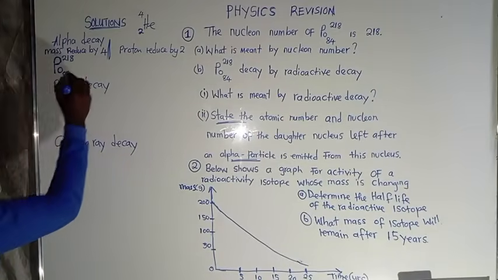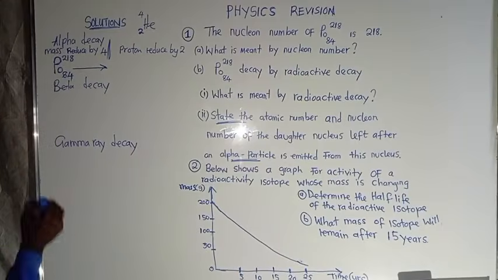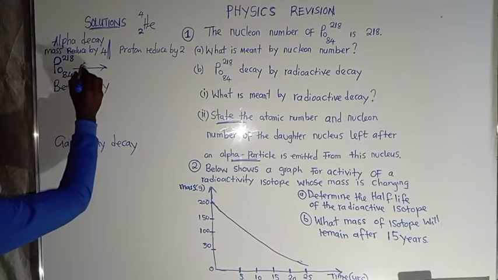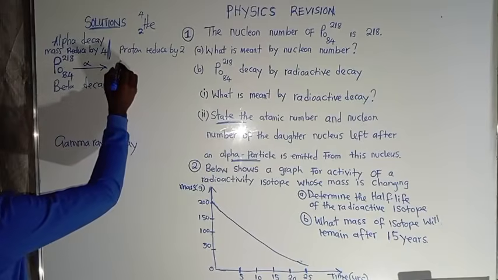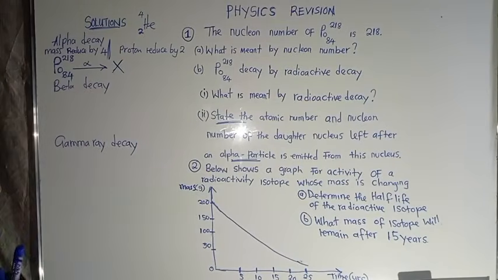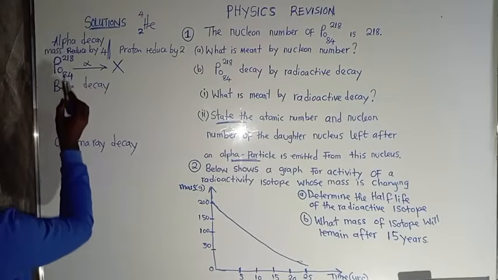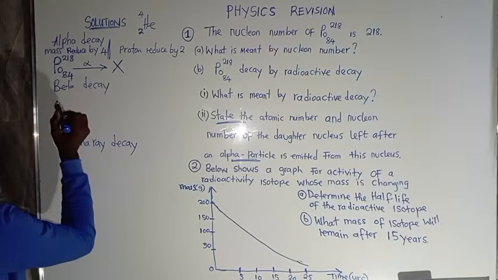When it breaks down like this, you put a symbol here for an alpha, meaning it is emitting an alpha particle. The element that is formed, we don't know it, but we know the mass number will reduce by 4. So 218 minus 4.